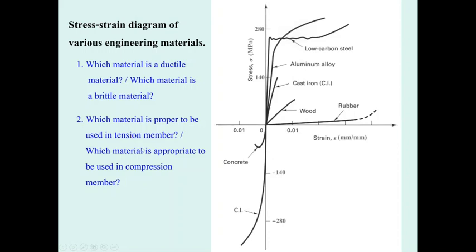Which materials are appropriate to use in compression? For sure, this is concrete and the cast iron. The cast iron has very high strength, for example 280 compared to only 140 in tension. And which material is the stiffest one? I mentioned that already. Recall it. Do you remember what I said? Okay, it's the low carbon steel, right?